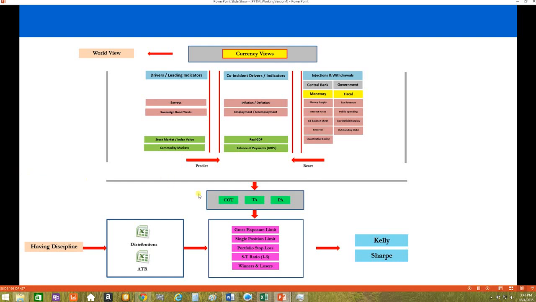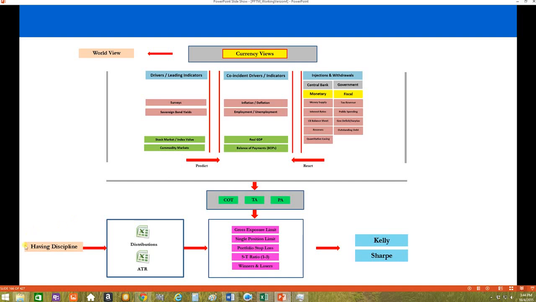Then we have our gatekeeping process, which is all to do with timing. So we use indicators to time our trades. Once we have an idea, the idea is just an idea. It's not yet a trade. So what we're trying to do is turn it into a trade, and we're hoping the timing will line up with our fundamental trade idea. This will all become a lot more apparent as we go through the video series.